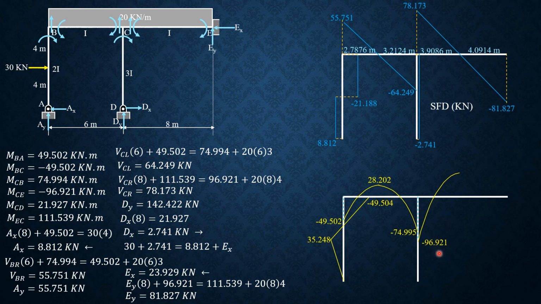So negative 96.921 plus 1/2 of 3.9086 times 78.173, positive decreasing. Then the value here would be 55.852. 55.852 minus this area, 1/2 of 4.0914 times 81.827. Then you will have here a value of negative 111.541, which is close to that value, so that's fine.